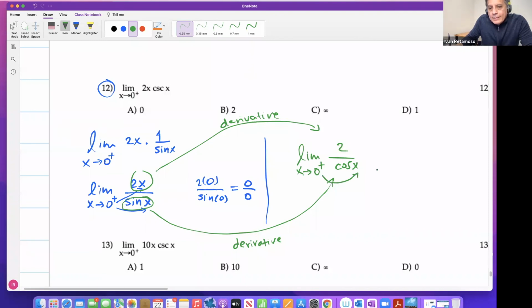At this point, just substitute 0 here. We get 2 over cosine of 0. Cosine of 0 is 1, so 2 over 1, just 2. Follow, guys? Just 2.